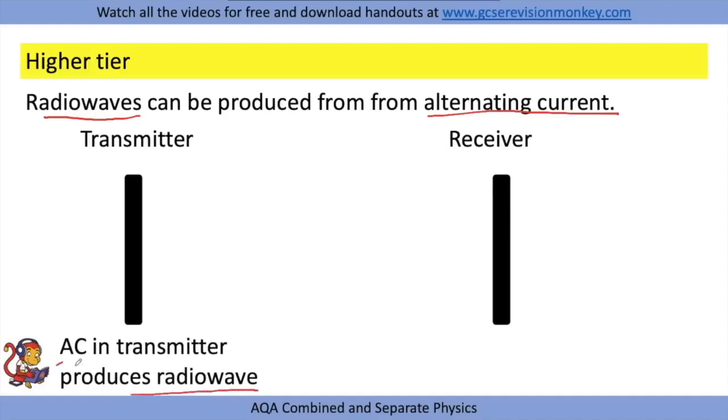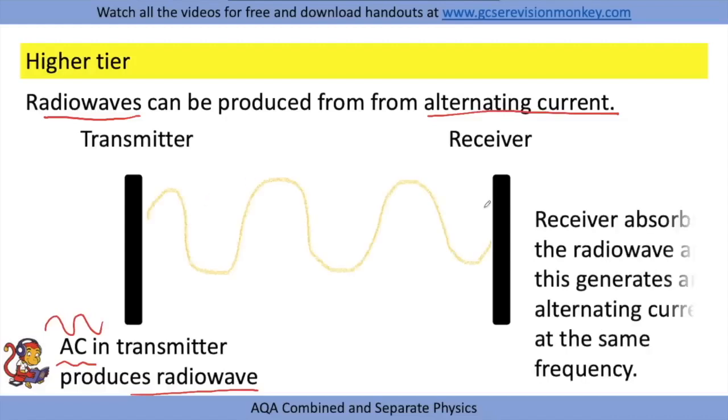Okay, so alternating current, which I've abbreviated to AC here. So alternating current in the transmitter produces a radio wave, and that receiver absorbs the radio wave, and then this generates its own alternating current, which is at the same frequency as the radio wave. So frequency, remember, is measured in hertz.